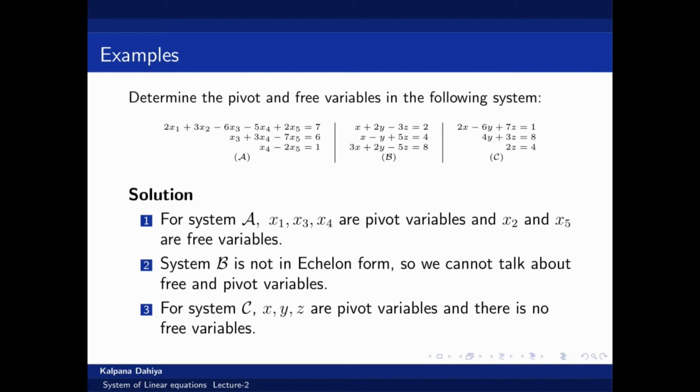Next is x3 plus 3x4 minus 7x5 equal to 6, and x4 minus 2x5 equal to 1. Here the first condition is satisfied: there is no degenerate equation and every leading unknown is to the right of the preceding one. Here x1, x3 and x4 are pivot variables or leading unknowns, and the remaining variables, x2 and x5, are free variables.